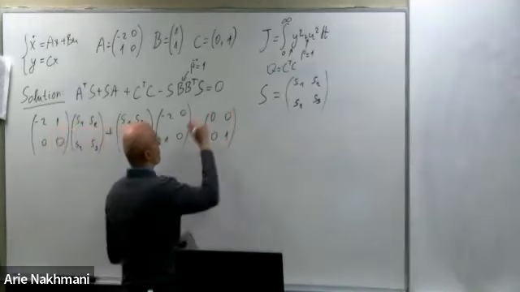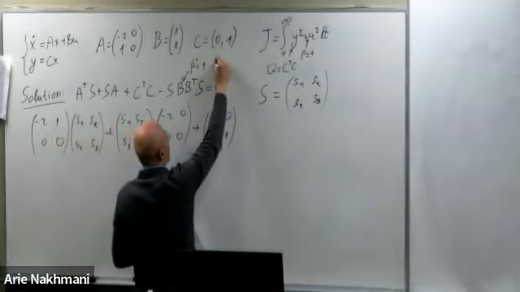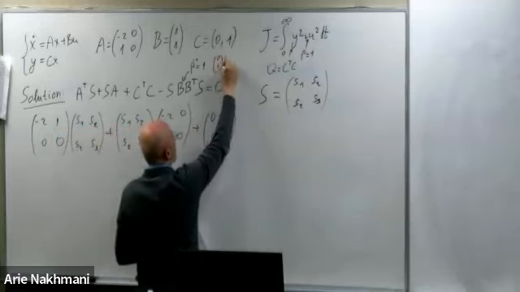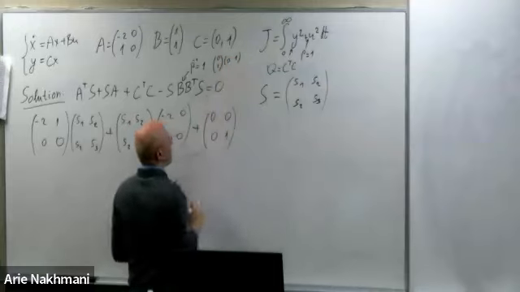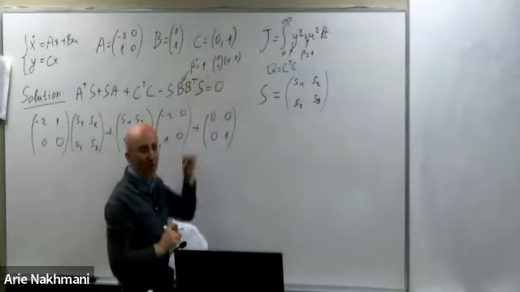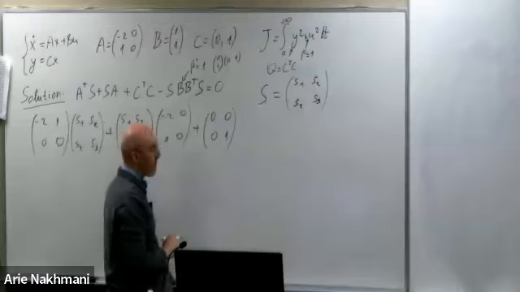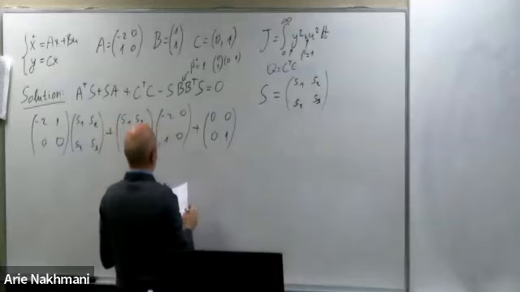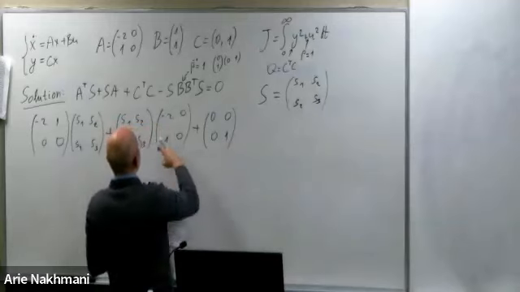That's that type of vector times that type of vector: 0 by 0, 0 by 1, 1 by 0, and 1 by 1. These are the elements of that matrix. So this is C transpose C.